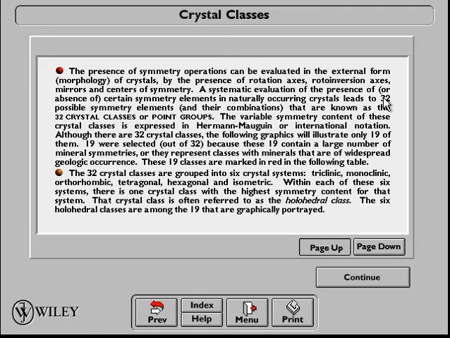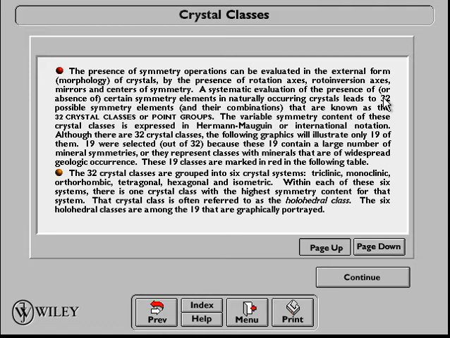Here we have, as usual, a small introduction into the crystal classes. The presence of symmetry operations can be evaluated in the external form, which means the morphology of a crystal, by the presence of rotation axes, roto-inversion axes, mirrors and centers of symmetry.